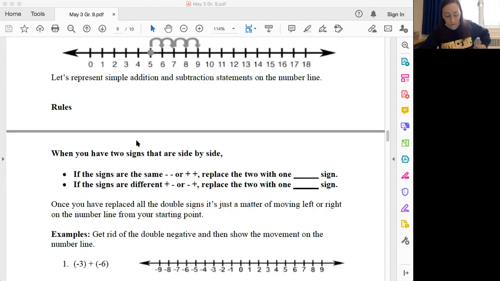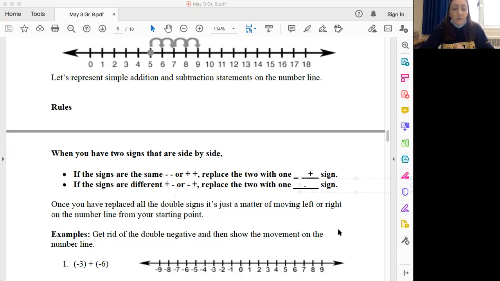Okay. So some of the important rules when you have two signs that are side by side, so there's no number in between: if you have two negatives or two positives, that's always going to give you a positive, meaning that you're going to add. If the signs are different, if you have positive and negative, or negative and positive, you replace the 2 with a minus.